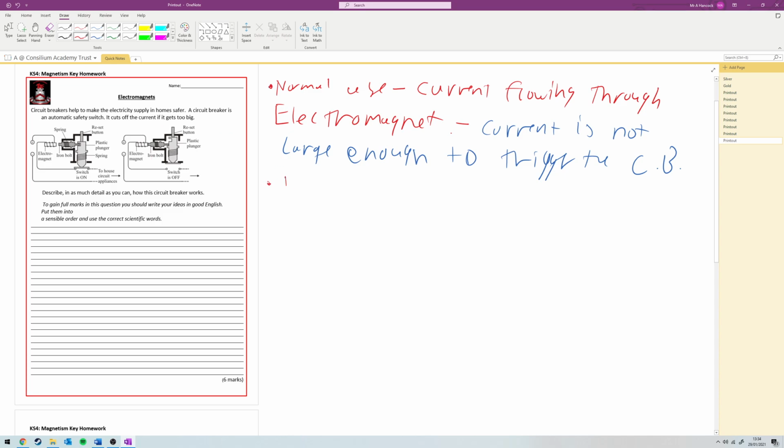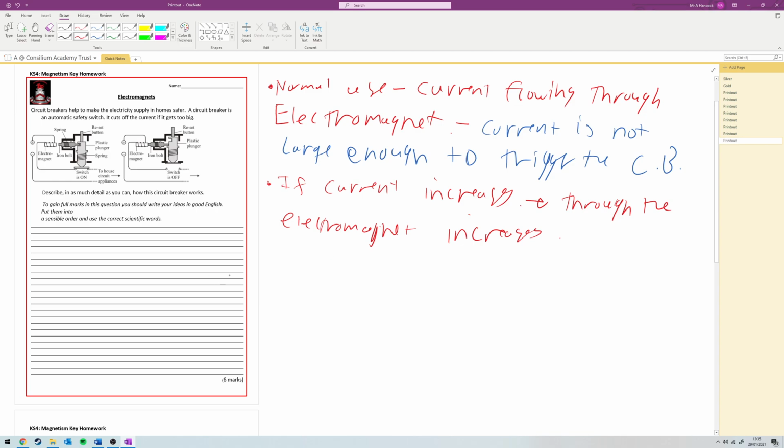So if current increases, well, what happens? If the current increases, then the current through the electromagnet increases too.